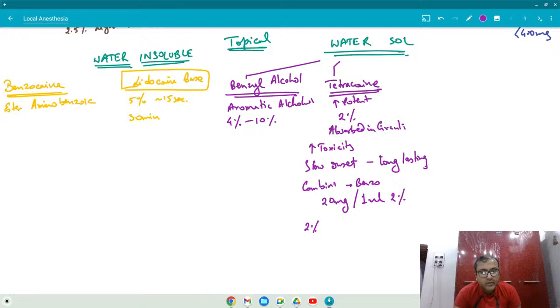So in 100 ml, what are we going to use? 2 gram or what? How much should we use? Like I said, 1 ml of 2% solution.